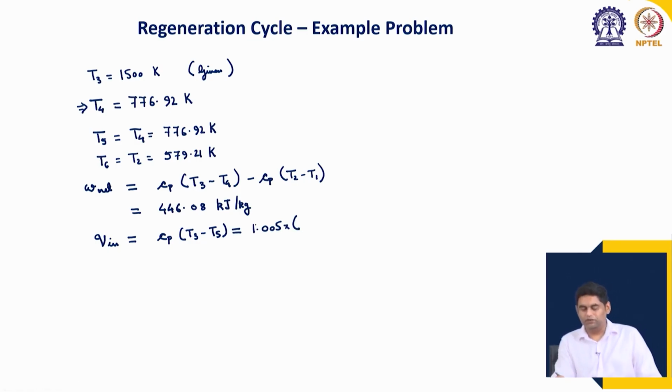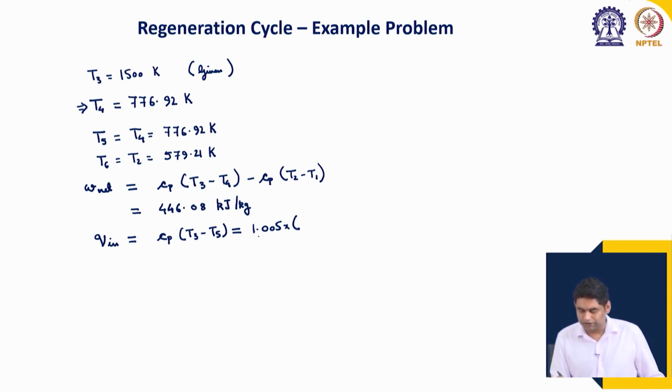If you are solving in kilojoule per kg Kelvin using Cp, then your solution of work transfer or heat transfer will come in terms of kilojoule per kg of the working fluid, which is air in this case.